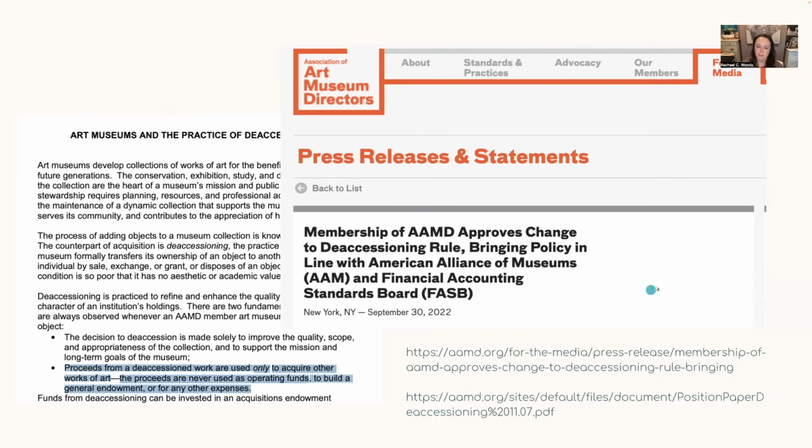And then coming out, and you'll notice this is 2022, AAMD and now AAM have aligned into a mutual agreement on policy where, when you read the larger press statement, it is swinging back to only to acquire new art, and then some very specific wording about maybe also collections care.